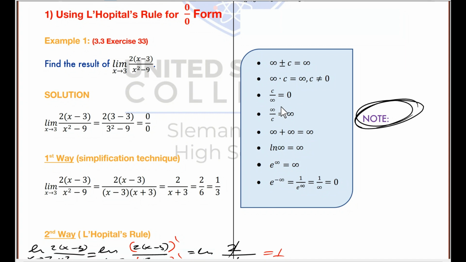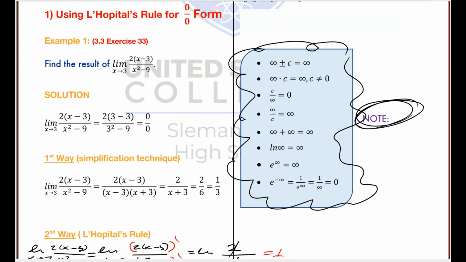Infinity divided by a non-zero number is also infinity. Adding infinities gives you infinity. Logarithm of infinity is infinity. e to the power of infinity is infinity. But e to the power of negative infinity, when you get rid of the negative, you move e to the infinity to the bottom. It gives you 1 over infinity, which is 0. These are the things that you need to know when solving questions.